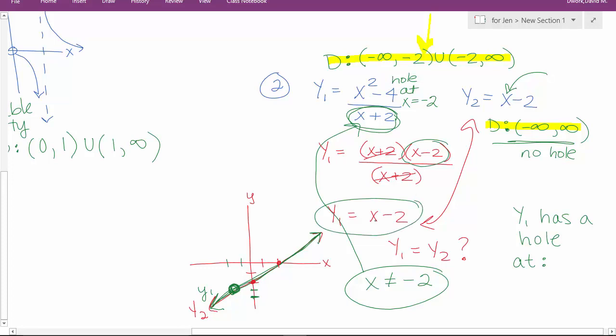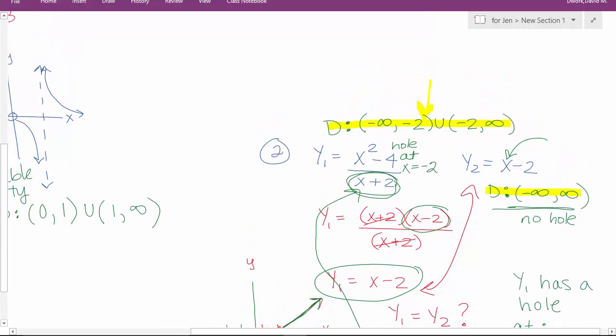And so when I do that, -2 minus 2 is -4. So my hole is at (-2, -4), which is why I kind of knew that my tick marks were, oops, a little off here. Okay? And so this -4 is going to become very important as we get into calculus a little bit further.